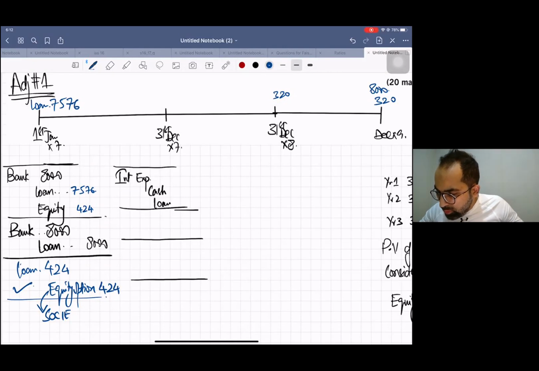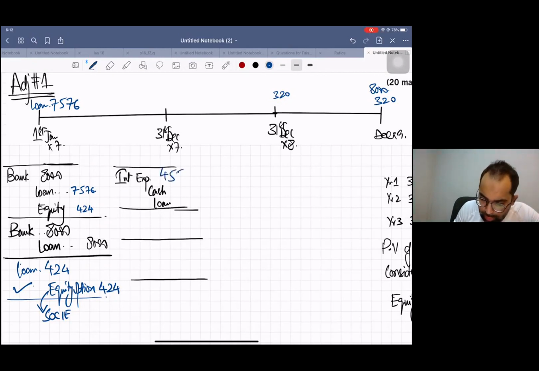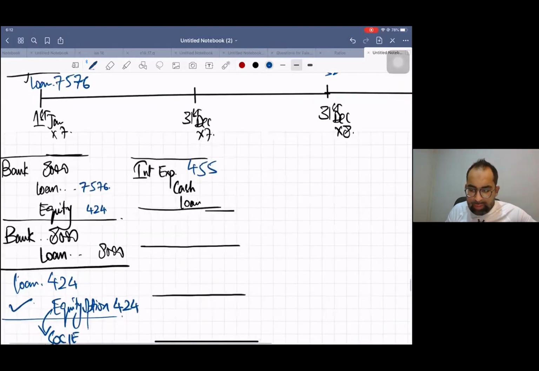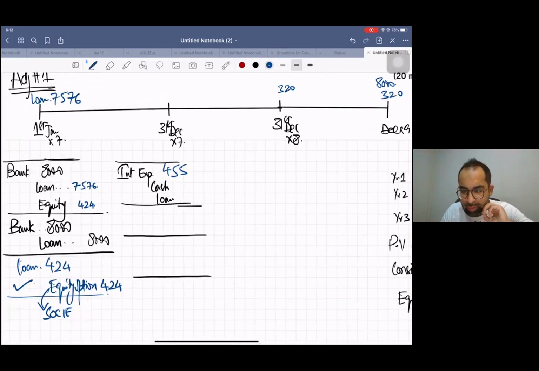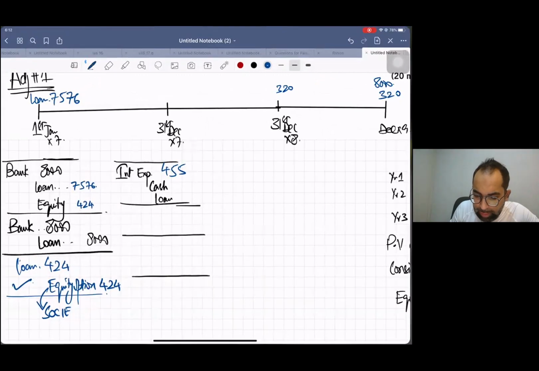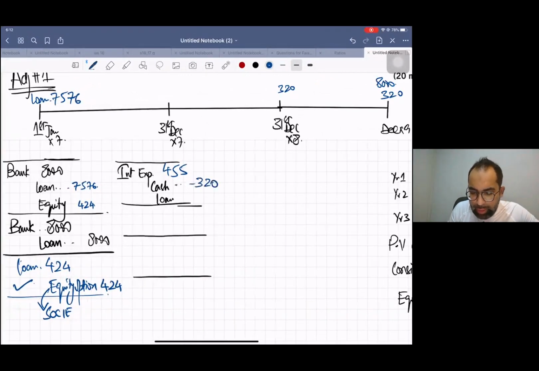So 7576 times 0.06, that is 6%, 454 or 455. So debit interest expense 455, out of this, how much is the cash? Physical interest is 320, and the difference between 455 and 320 is 135.